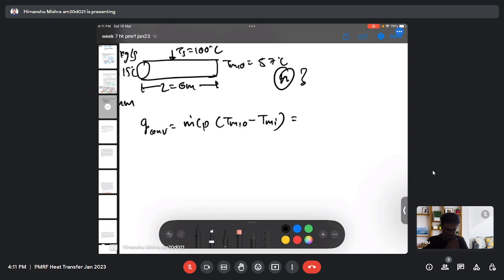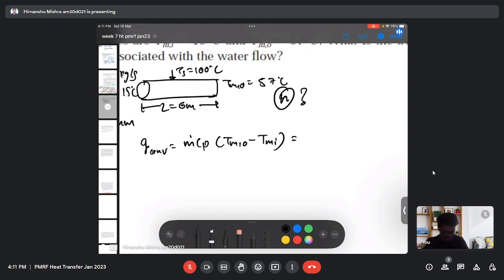Since my surface temperature is 100 degrees Celsius over the entire length of the pipe, it's a case of constant temperature. So for this, my heat convection will be hA, and my temperature is given in terms of a logarithmic temperature profile. This relation is valid only for the constant temperature case.